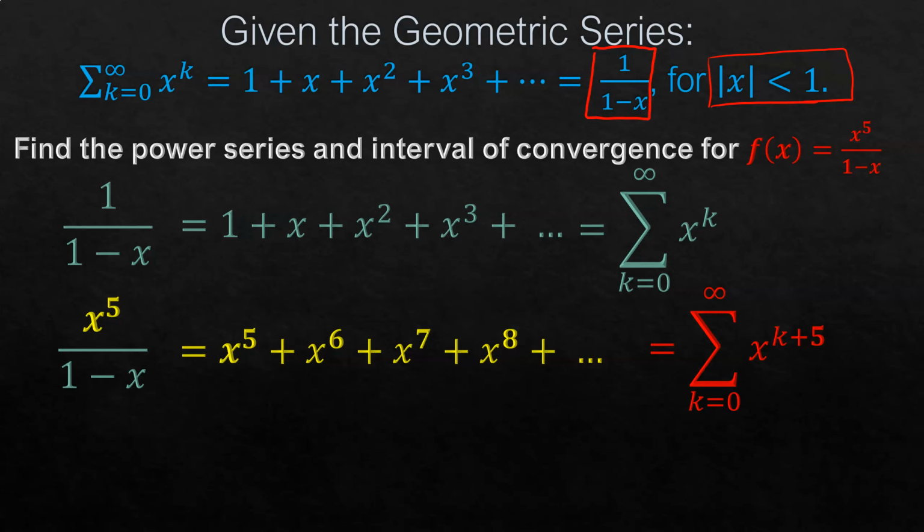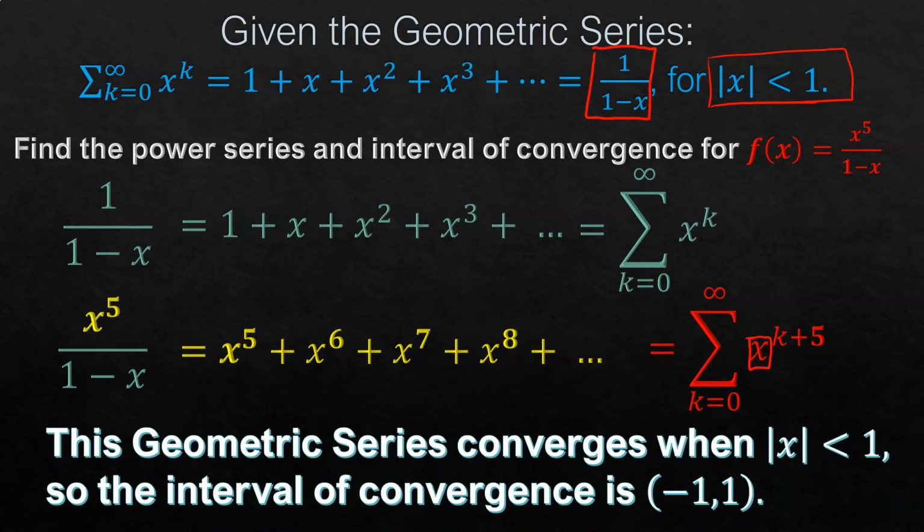Okay, now when does this series converge? Of course, when the absolute value of x is less than 1, meaning it is going to be the same radius of convergence as our geometric series, which is -1 to 1. All right, that's just straightforward: multiply both sides by x to the fifth power.